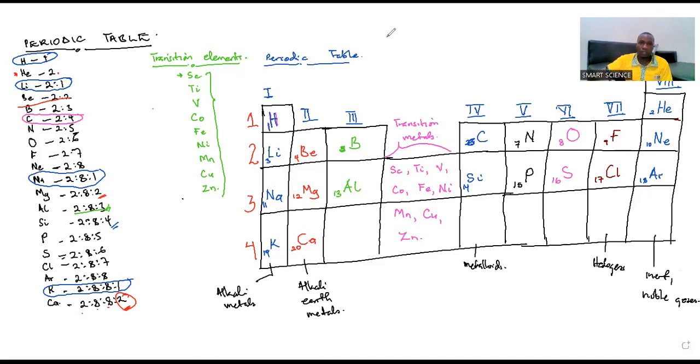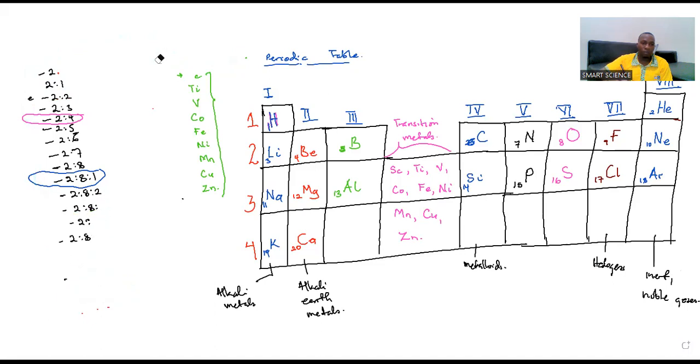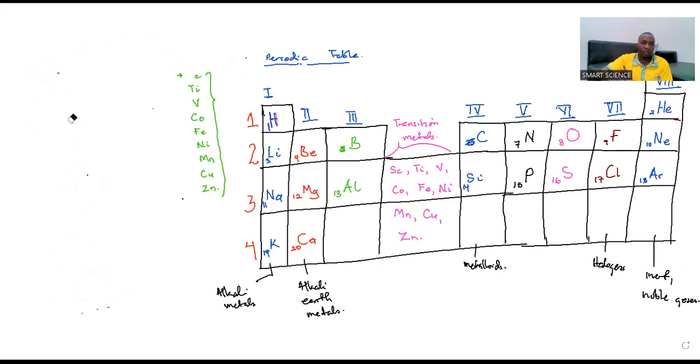Each group has different characteristics, and the periods also have different characteristics. However, we can go through those few characteristics of generally the groups and the periods, such that we can understand the concept of the periodic table.